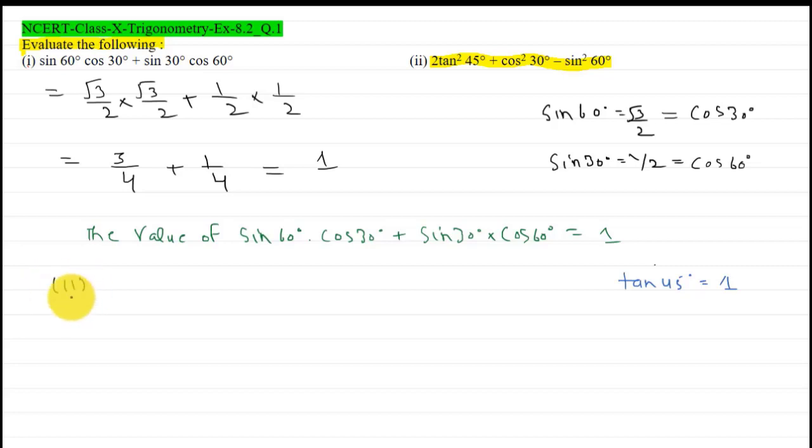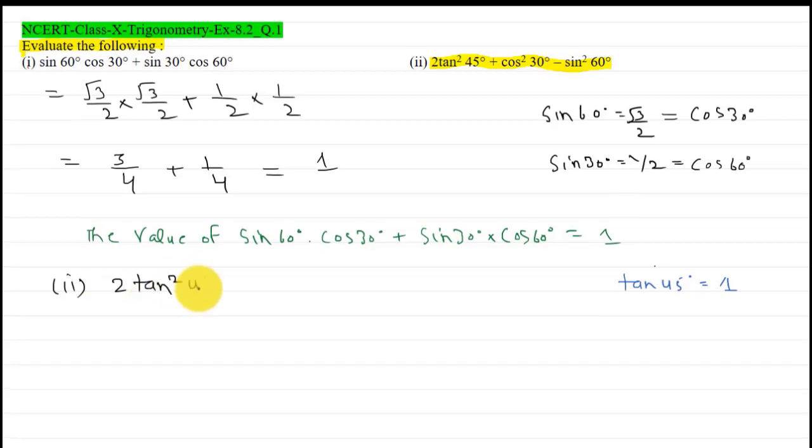First we note down the second expression: 2 tan square 45 degree plus cos square 30 degree minus sin square 60 degree.